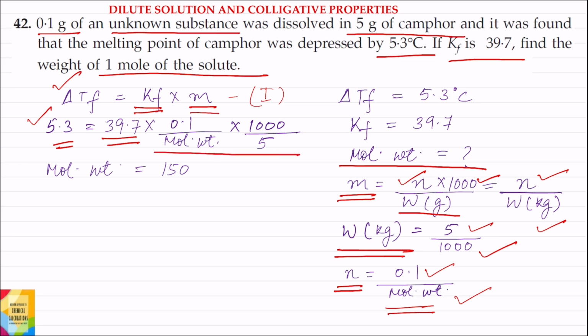Now 0.1 is the weight of the solute divided by molecular weight, which gives the number of moles of the solute, into 1000 divided by weight of solvent in grams. The weight of solvent in grams is given as 5 grams. Solving, the molecular weight of the solute is 150 grams per mole.